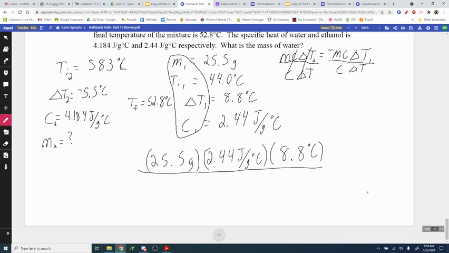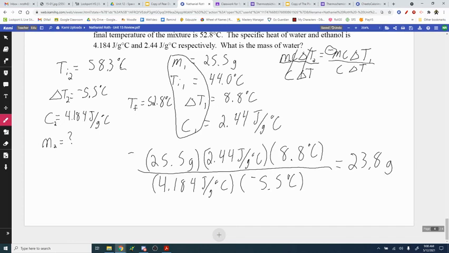Then the water stuff is going to go on bottom. So 4.184 joules per gram degrees Celsius times negative 5.5 degrees Celsius. And there's also a negative up here because that is in the equation. So this negative and this negative will cancel each other out. And then we do our math and we get an overall answer of 23.8 grams of water. And that is that.